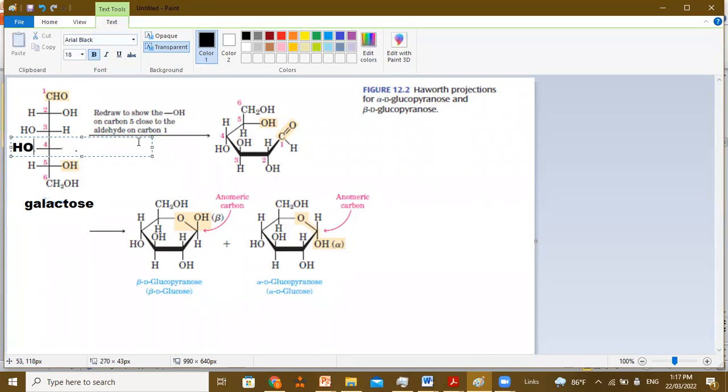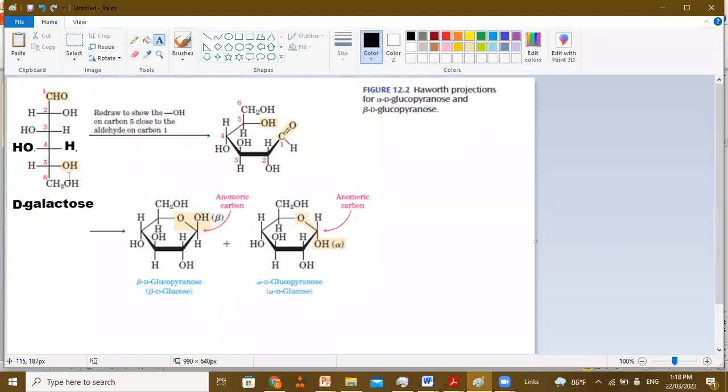And then of course here is your hydrogen. So that is for the D-galactose, and your OH is on the right. When we draw it this way, on carbon 4, since we have down, right, left, up, the OH should be up.